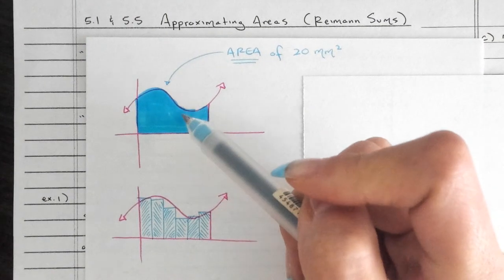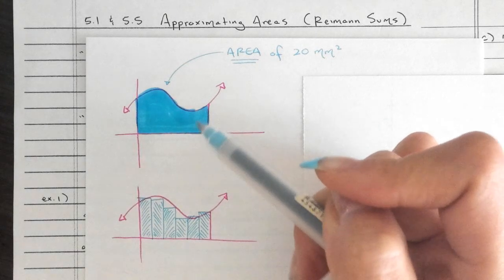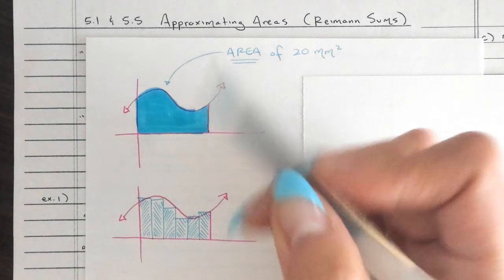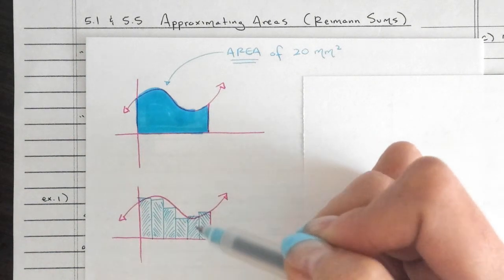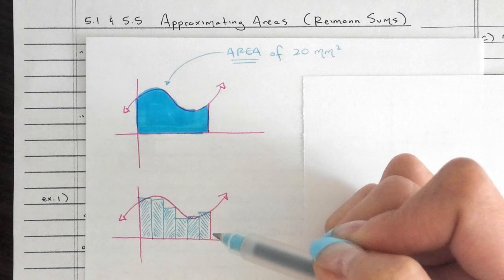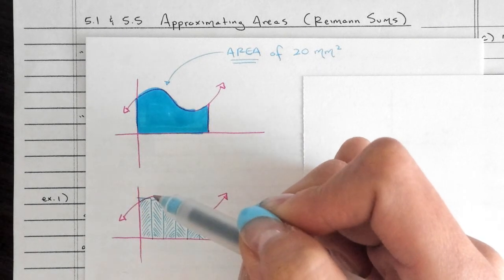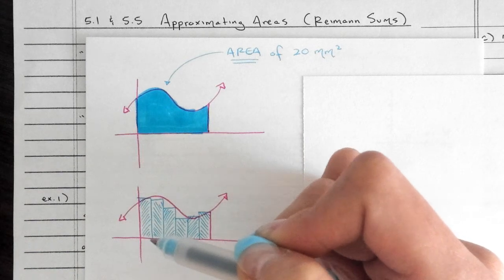So I basically drew this, and then instead of just shading in the exact area, I drew little rectangles inside. If I split this up into 1, 2, 3, 4, 5, 6 rectangles that go all the way up, my base is this little piece.